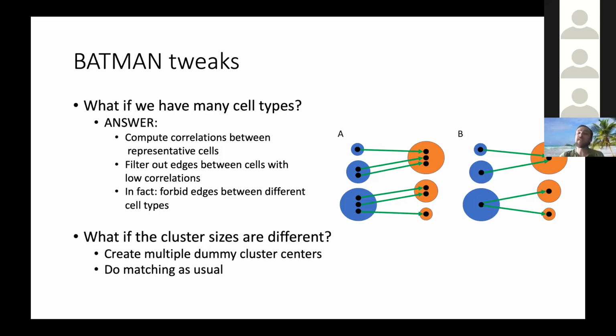So in order to overcome these issues, I propose to create some dummy cluster centers, basically, the larger the cluster, the more fictitious cluster centers we are creating here, so that when we find the minimum weight matching in this bipartite graph, what we will end up with is matching these 2 smaller clusters to this large one, and then this large one to these 2 smaller ones, so that we don't introduce an artificial batch effect when we are solving it with Batman.